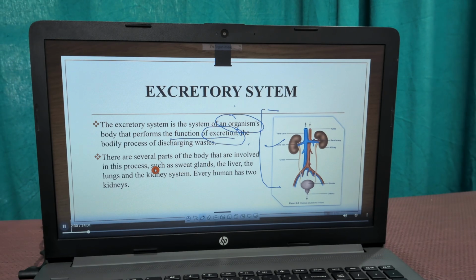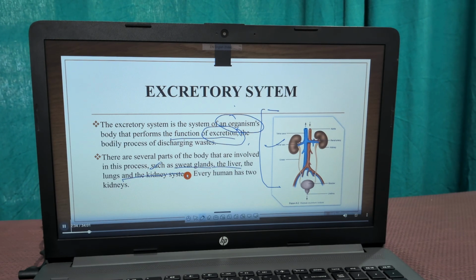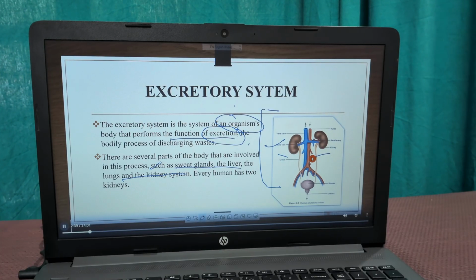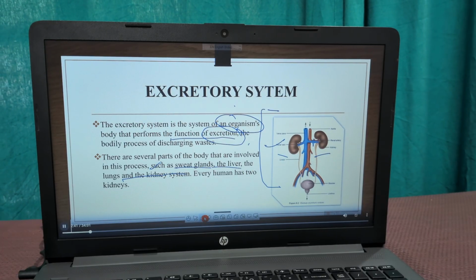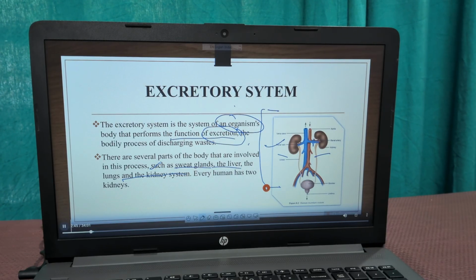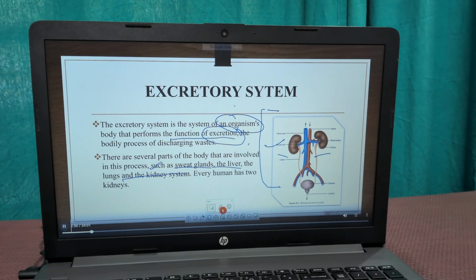Several body parts are involved in this process such as sweat glands, liver, lungs and the kidney system. Every human has 2 kidneys, every one of us is aware of this fact. So the pair of kidneys and the other associated organs come under the excretory system. Hope this is clear to you now.